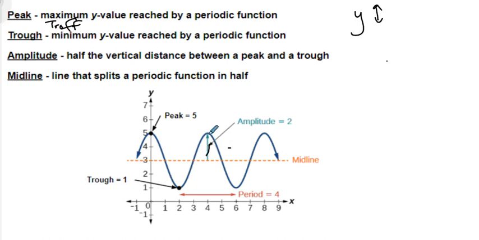That makes sense because your midline goes right between, and the distance from 3 to 5 or from 3 to 1 is 2. And then your period is one complete cycle. You could go from here to here, or from here to here. Either way, it's 4, a period of 4 seconds or 4 whatever we're talking about.